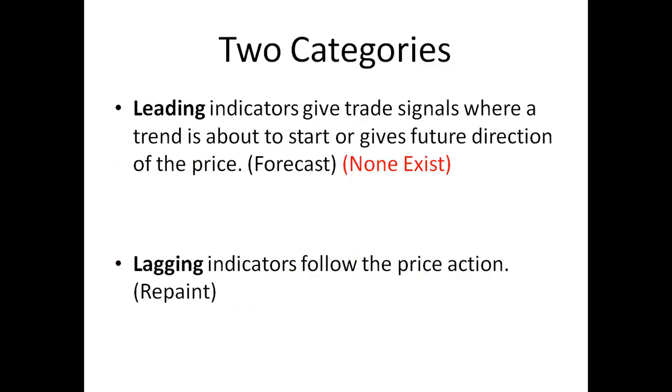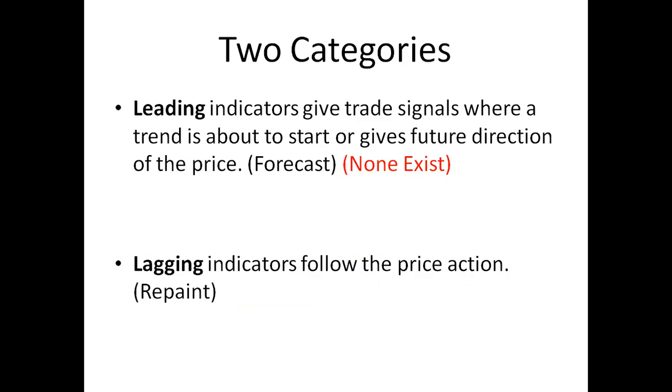Let's proceed. There are two main categories of Forex indicators, and the first is leading indicators. Now, when we say leading indicators, what do they do? They give trade signals where a trend is about to start, or they give the future direction of the price.